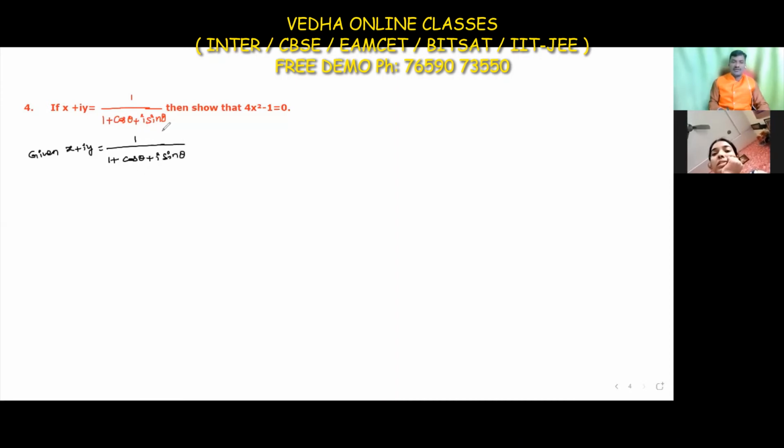Here we have two ways: one is rationalizing, another one is the formula. Here I am applying the formula. 1 plus cos theta is 2 cos square theta by 2.